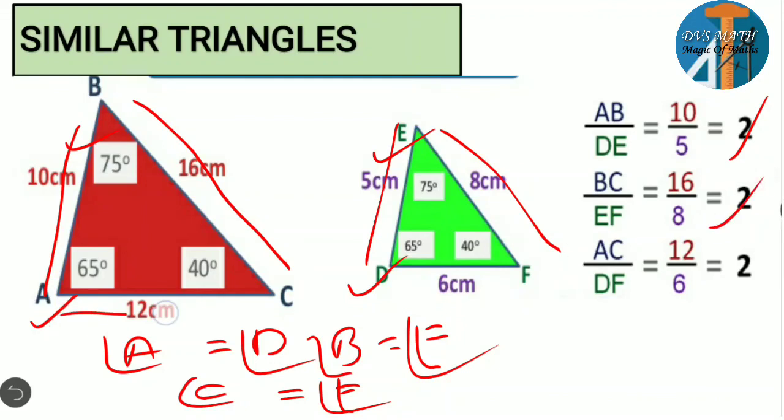Then AC by DF is 12 by 6, again 2. That means the corresponding sides are in the same ratio, so these two triangles are similar. What are the two conditions to be similar? Number one, corresponding angles are equal. Then the corresponding sides are in the same ratio. So, clear?